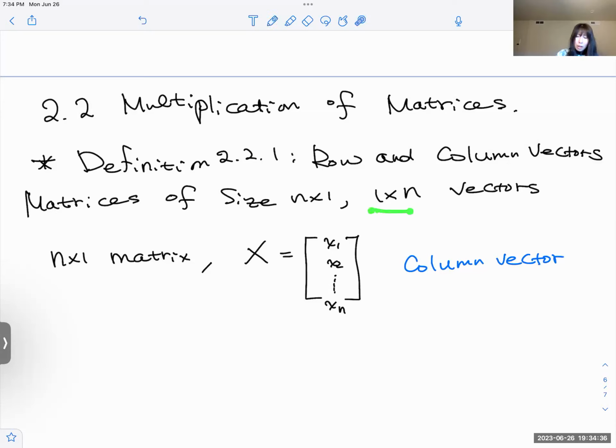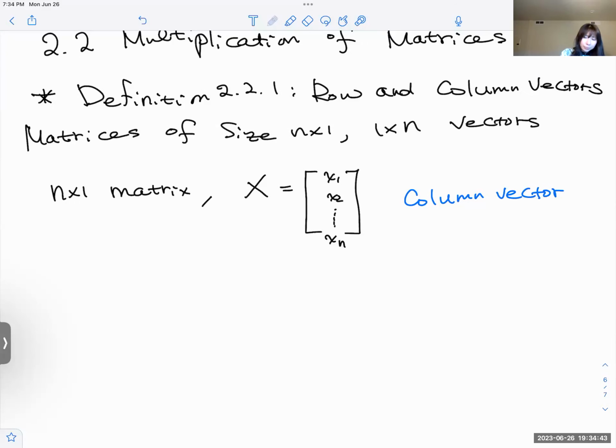Okay, we have 1 by n. This is a row vector, so we denote it this way. They denote it with the same uppercase X. So they use the row x1, x2, up to xn.